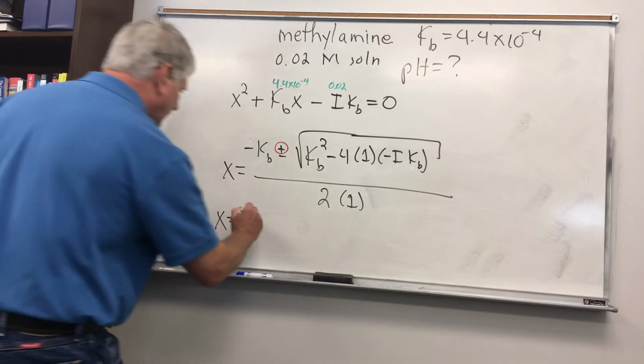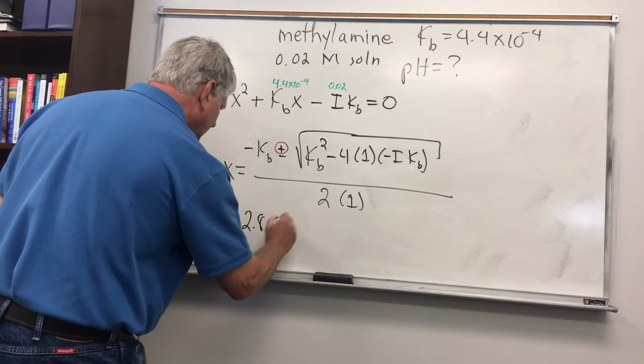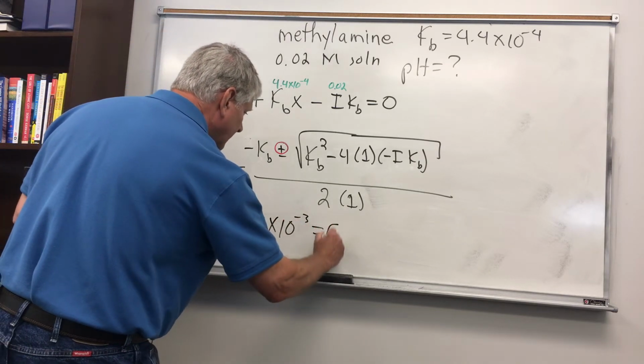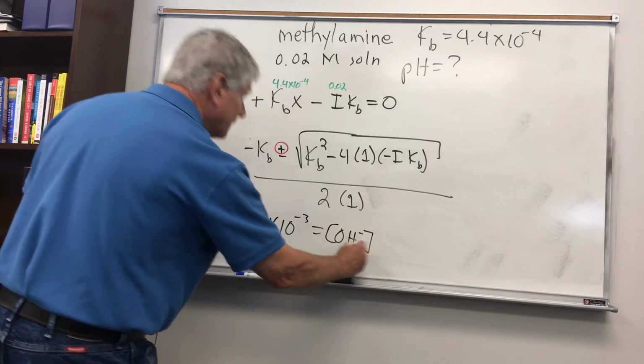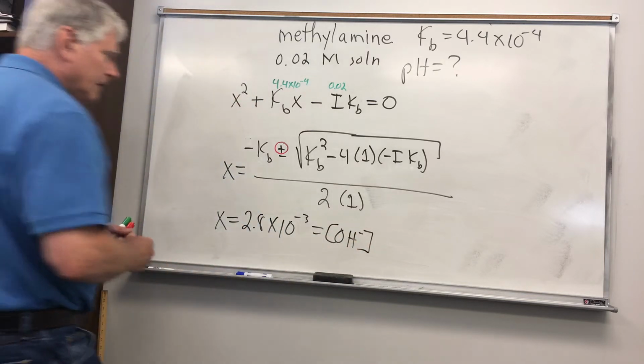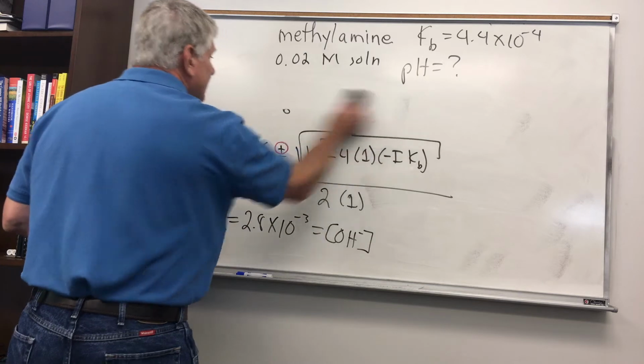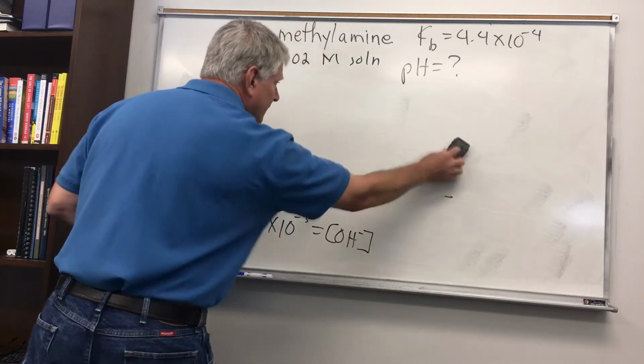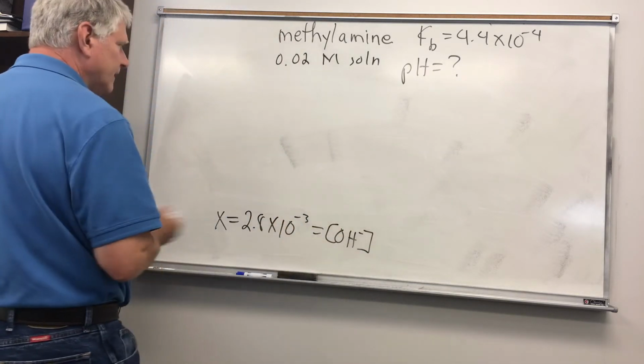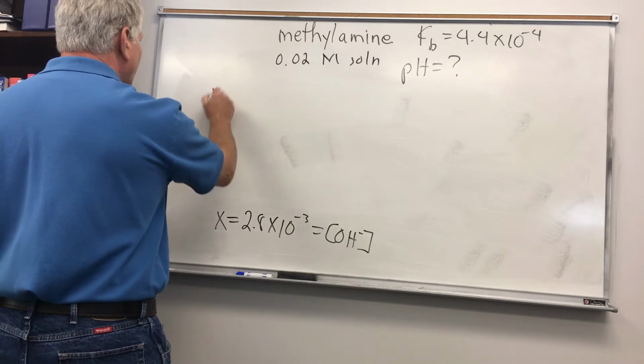So I get a value for X of 2.8 times 10 to the minus 3, and this is the OH minus concentration.